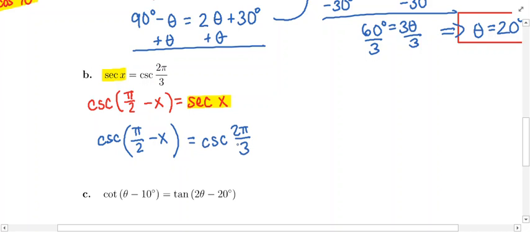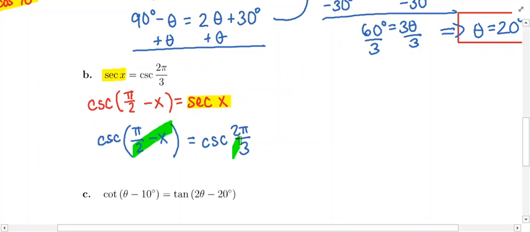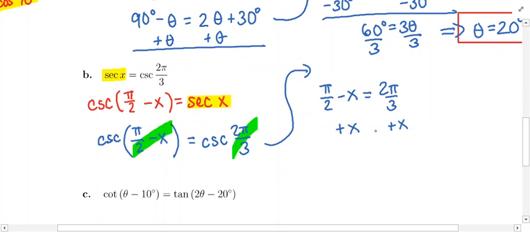The only way a cosecant of something can be equal to the cosecant of something else is if my arguments are equal. So in the next step, I'm going to equate them. I'm going to put pi over 2 minus x is equal to 2 pi over 3. This is going to allow me to solve for x. I'm just going to get x by itself, so I'm going to add x to both sides.